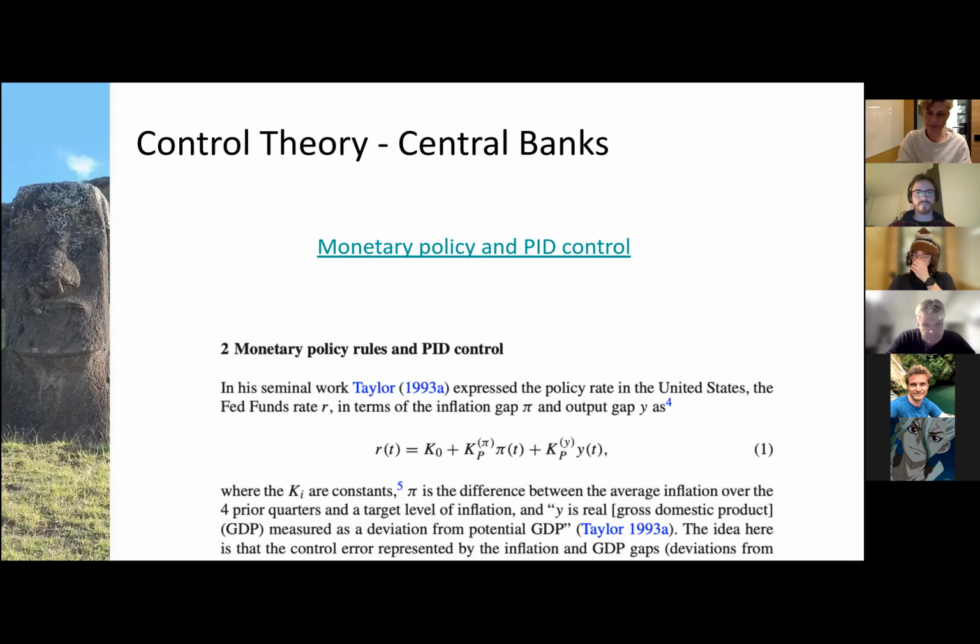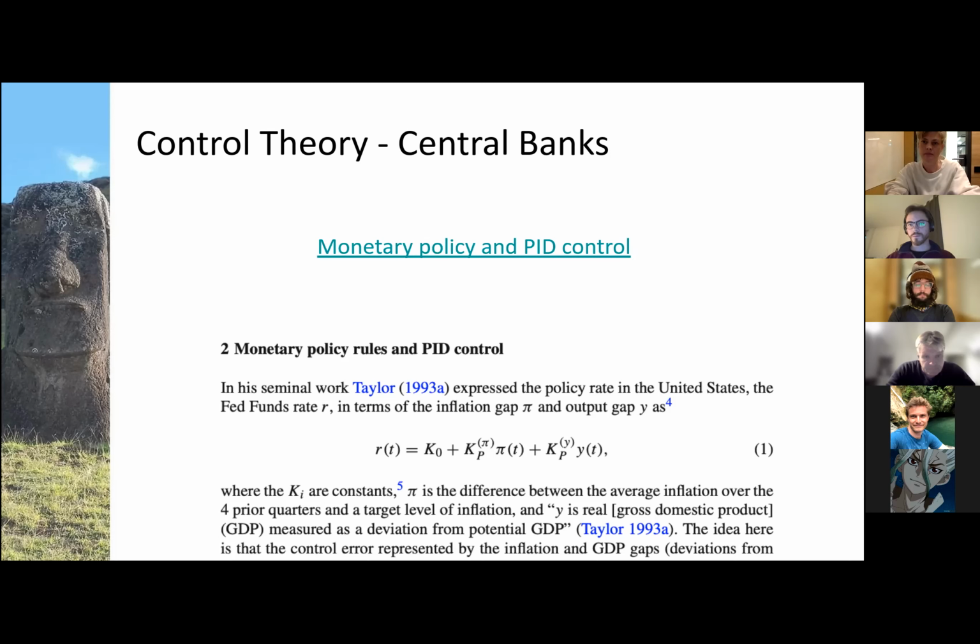Before we jump onto RAI, I want to point out that control theory has been applied to the field of economics before, and there is a paper that shows that some central bank monetary policy rules can be expressed as PID control. In this example, the author is presenting the Taylor rule as a PID formula.